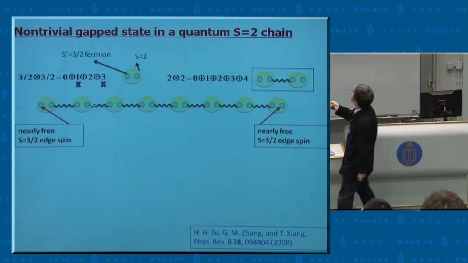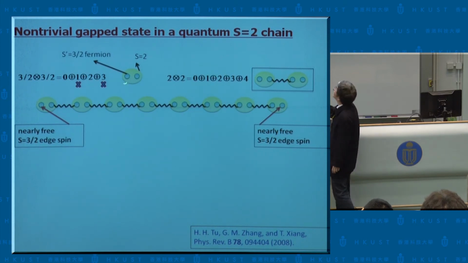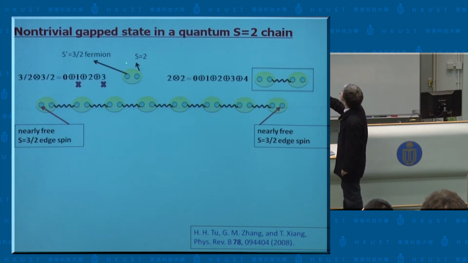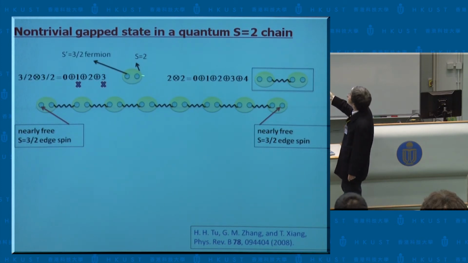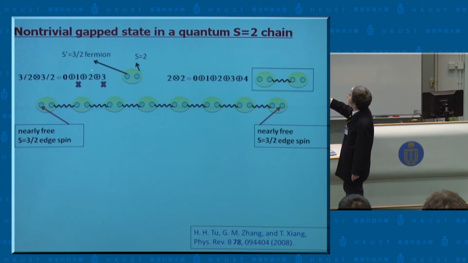In this case, we regard the auxiliary particle as a spin 3/2 fermion. When you combine two spin 3/2, the total spin 1 and 3 channels are forbidden due to the Pauli exclusion principle. The only possible total spin channels are spin 0 and 2.